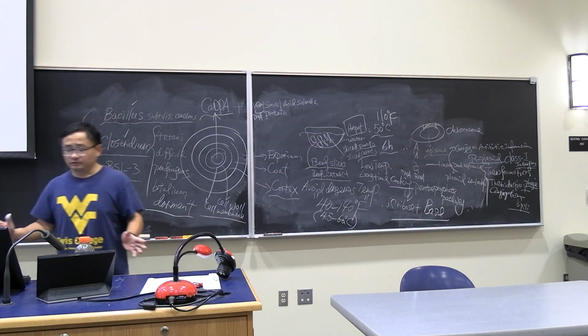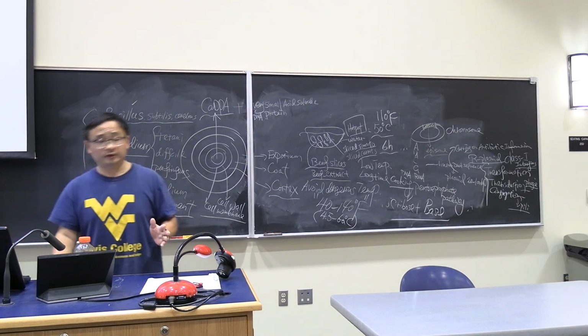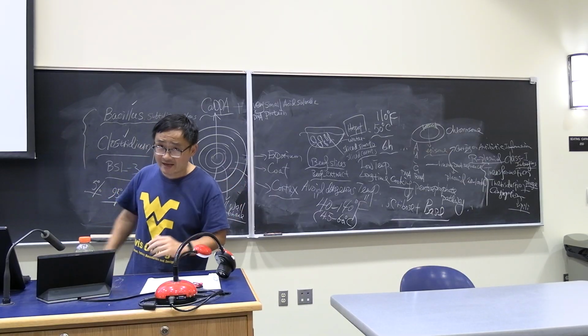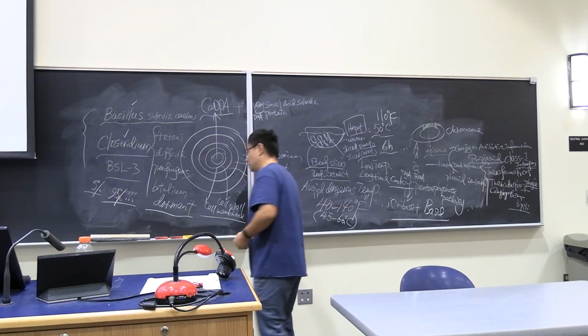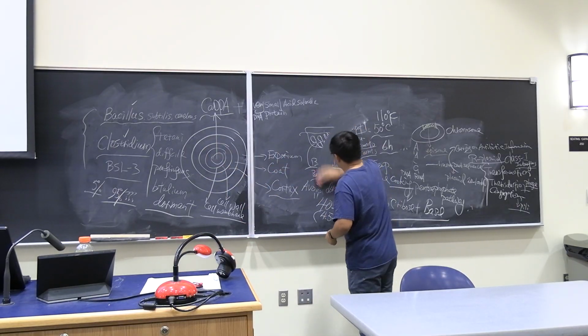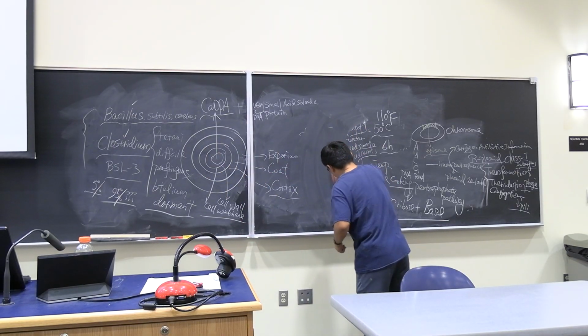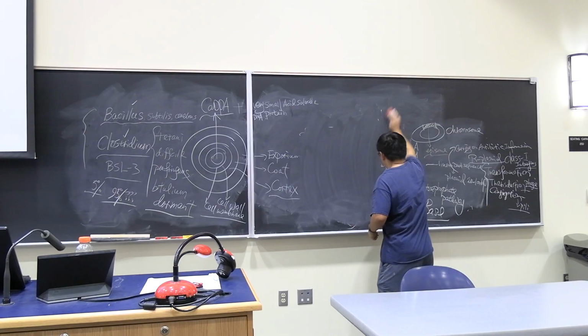So first of all, it's very simple, but it's not simple if you talk about the math. Bacterial cell growth is called binary fission or binary division.